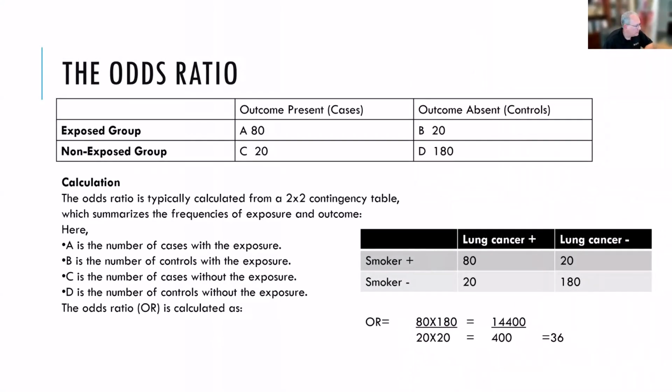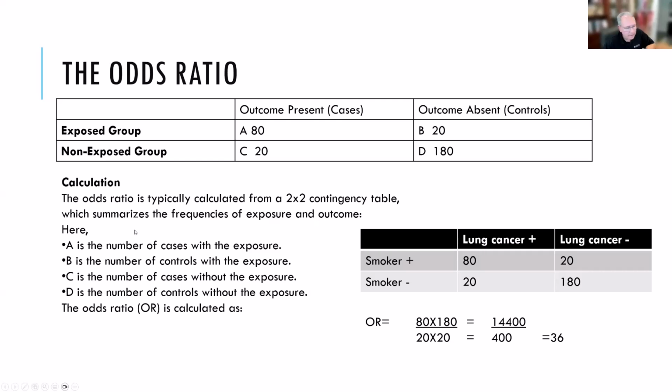Okay, so you may do some calculations. The first calculation to look at is the odds ratio. The odds ratio is looking at the exposure versus the outcomes. A classic case of the odds ratio is the relationship between smoking and lung cancer. So you have smokers and non-smokers, and you have positive for lung cancer and negative for lung cancer.